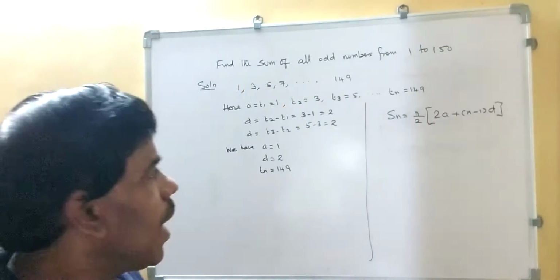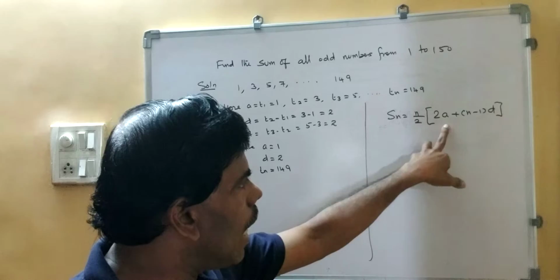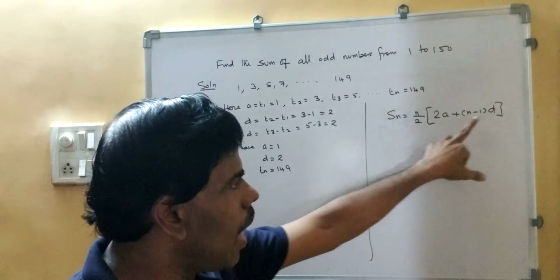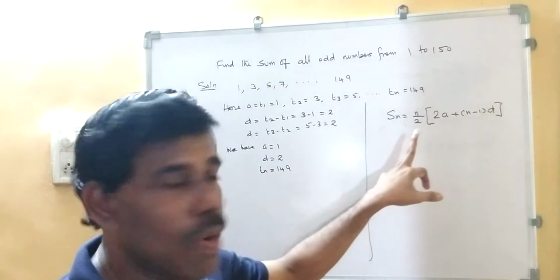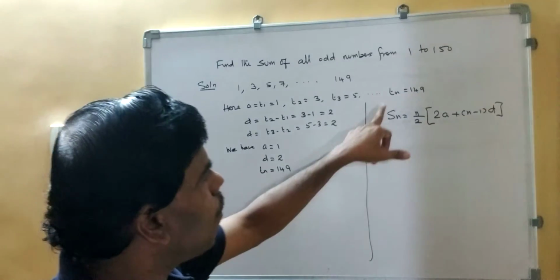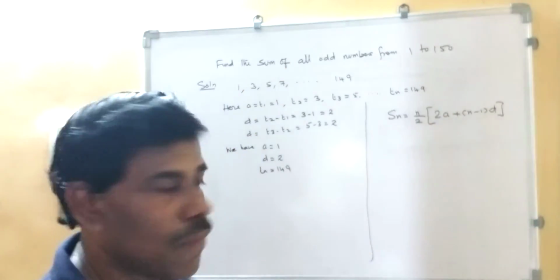To find this, you should know the values of n, a and d. Now we know the values of a and d, but what is required now? n. To find n, one helpline is given: the nth term of the AP is 149.